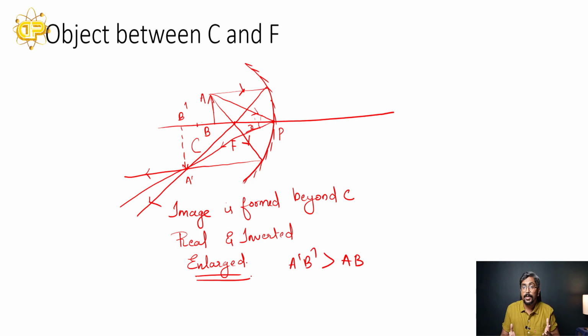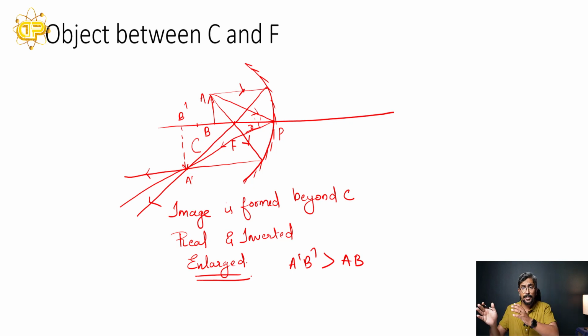So it's up to you during the exam which ray you should take. It's not up to the teacher who is teaching or the textbook, but make sure that you draw it according to the law only. That's it, this is the only thing, nothing else. So here are the various properties that you have seen while image formation if you keep the object between C and F.